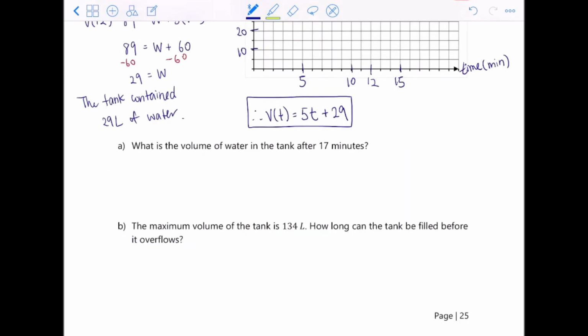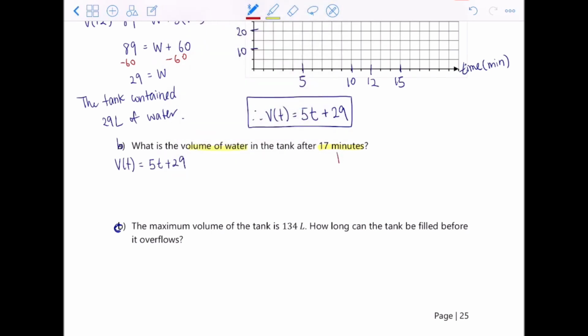All right, moving on to the next part, and there seems to be a typo here. It's part B. What is the volume of water in the tank after 17 minutes? So they want us to find the volume of water, and time is 17. Okay, so we are given the original equation here from the previous section. So 5t plus 29. All we have to do is sub it in.